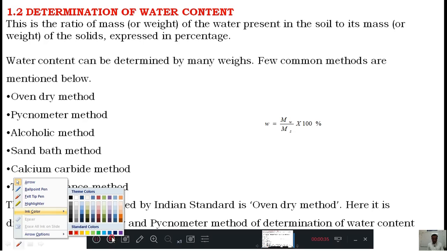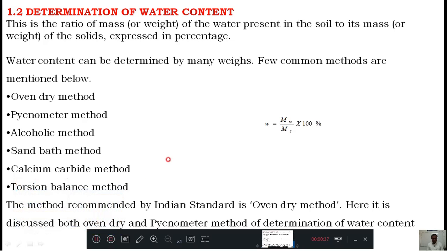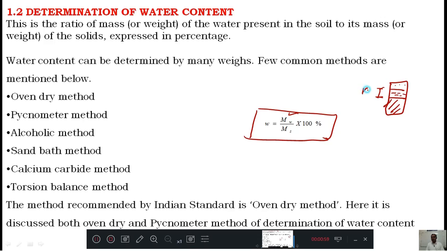You already know the definition of water content, explained in the previous section. Water content is the ratio of the mass of the water to the mass of the solids. In a three-phase diagram, water is there and air is also there. Take the mass of water and the mass of solids, and the ratio of these two is the water content.